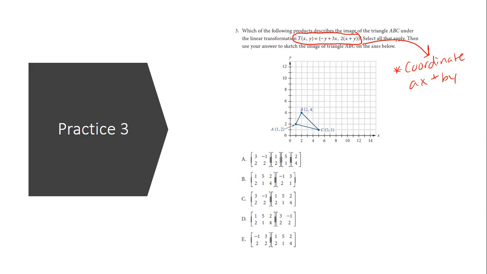So the first thing you have to do is change this from a linear transformation to a coordinate transformation. We did that in the very beginning: we took the linear transformation and wrote the math as coordinates. In order to do that, we have to write it in the form AX plus BY. So the first thing I need to do is what? Looking at the first ordered pair here, what do I need to do?